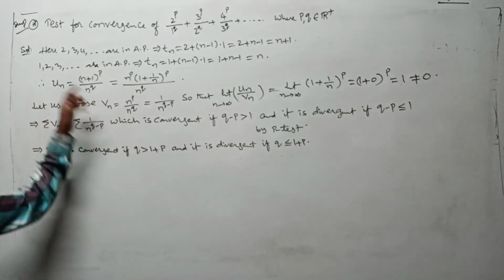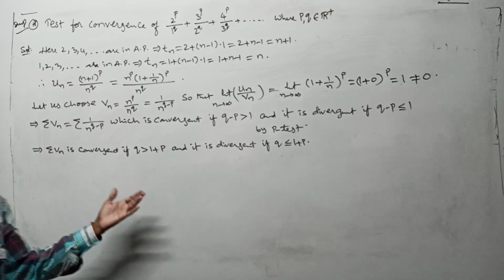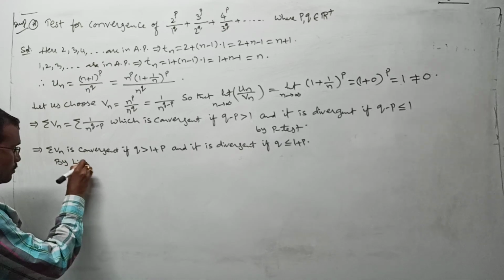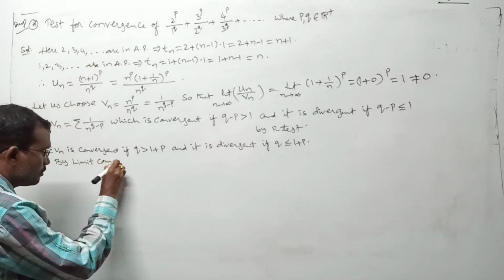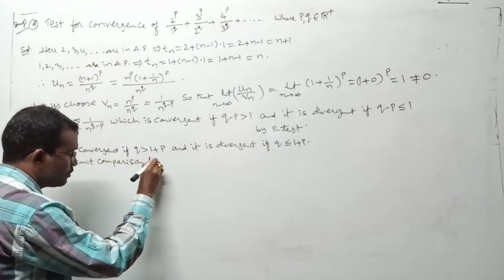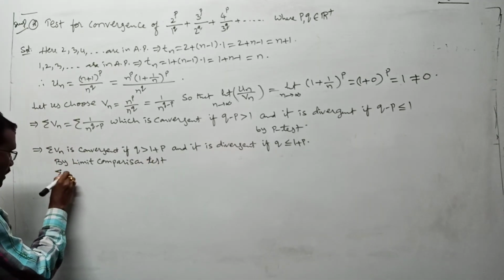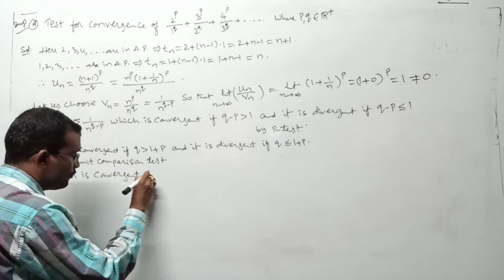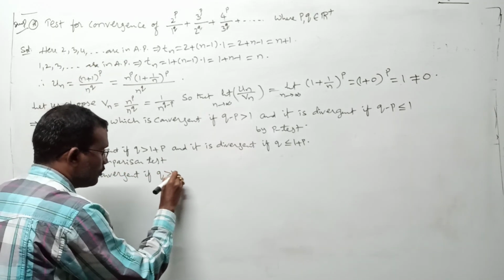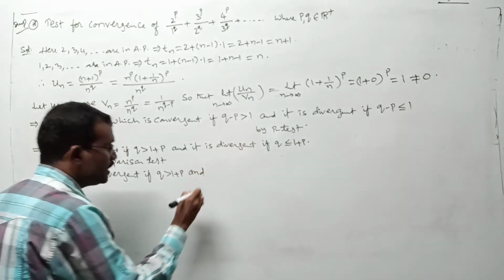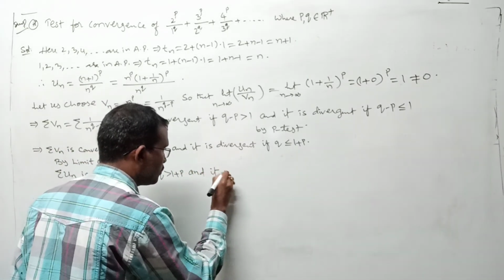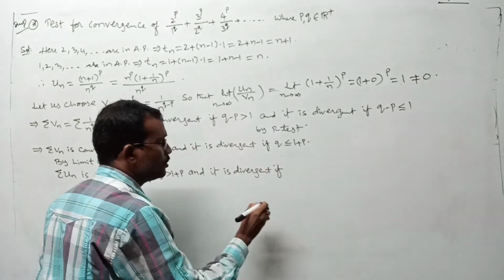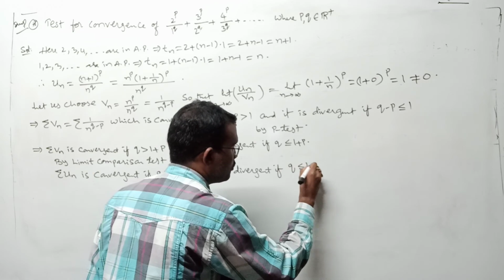The same nature you can proceed for sigma un according to the limit comparison test. By limit comparison test, sigma un is convergent if q is greater than 1 plus p and it is divergent if q is less than or equal to 1 plus p.